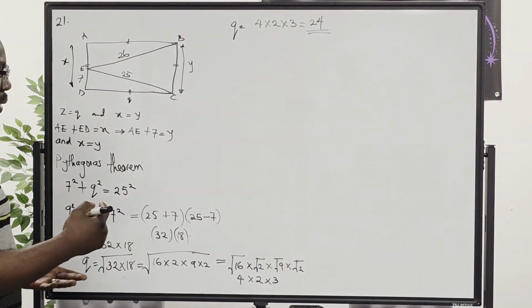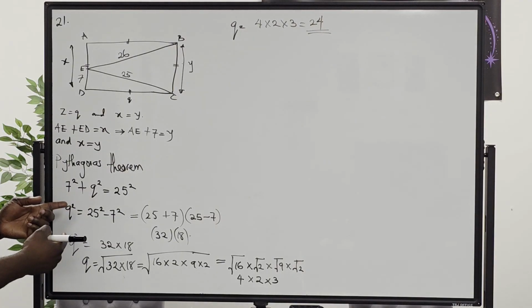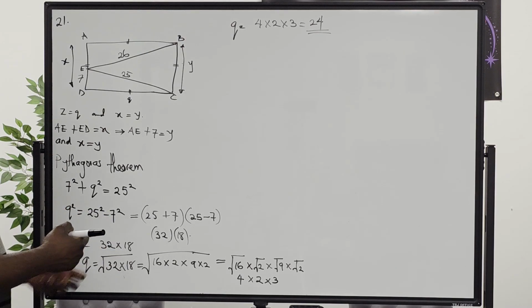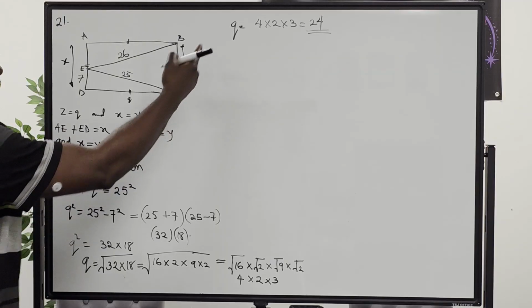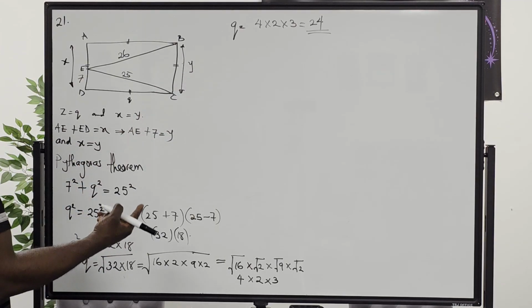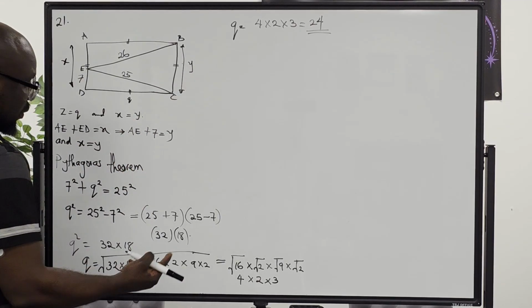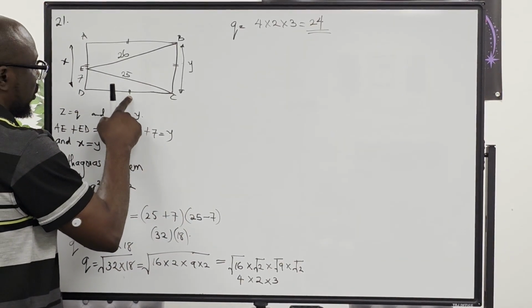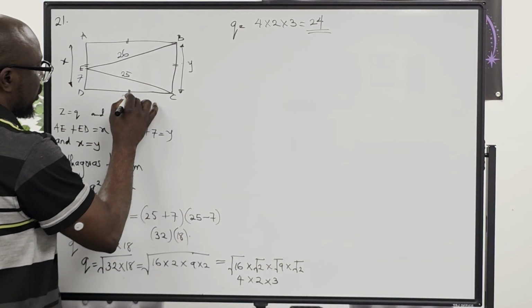But if you have a calculator, once you get to this point right here, 25 times 25 minus 7 times 7 should give you 576. And then the square root of 576 will give you 24. So now we know that this is 24 right here.